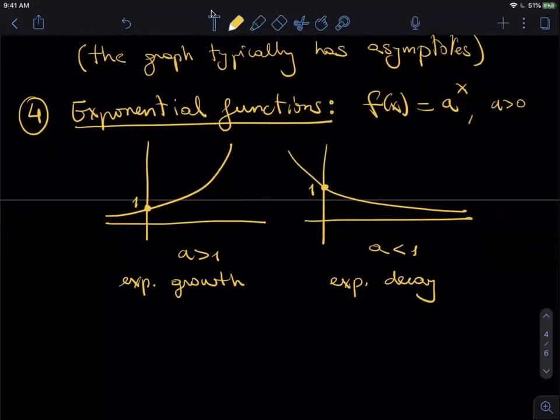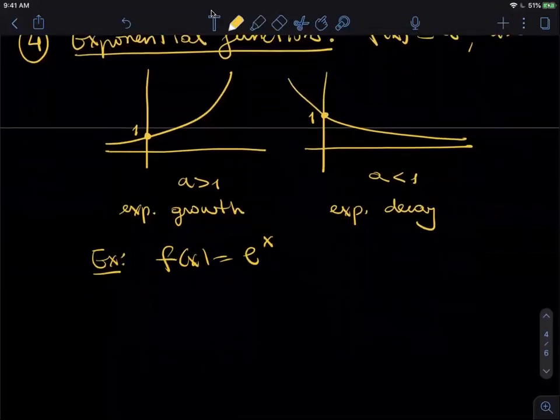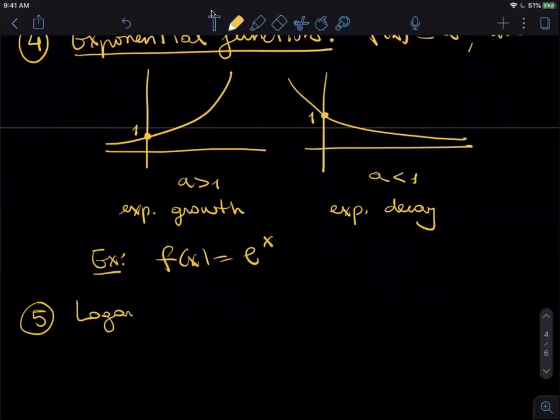The most famous in this category is the natural exponential, f of x equals exponential of x, e to the x. This is the number e. We will use this a lot. Now, the opposite of exponentials are logarithms, the logarithmic functions.